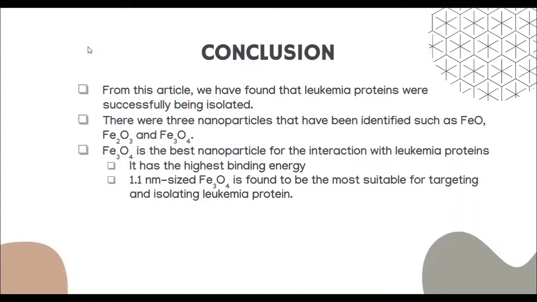From this article, we found that iron 2 3 oxide is the best nanoparticle for the interaction with leukemia proteins, because it has the highest binding energy compared to the other 2 nanoparticles. And for this particle, 1.1 nanometer size is found to be the most suitable for targeting and isolating leukemia protein.